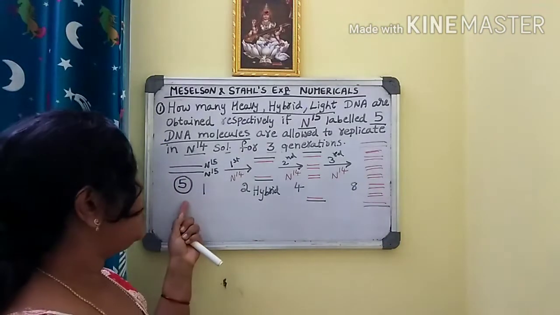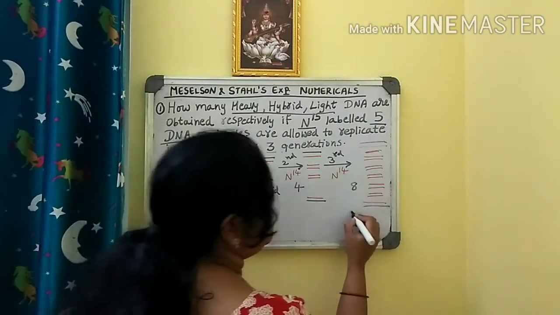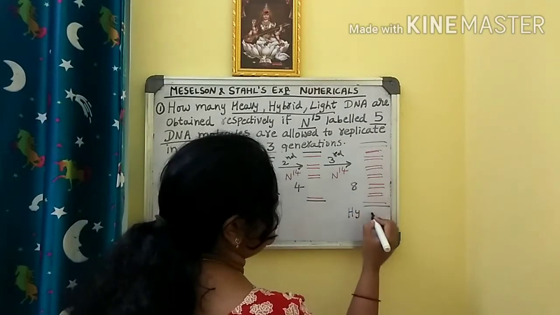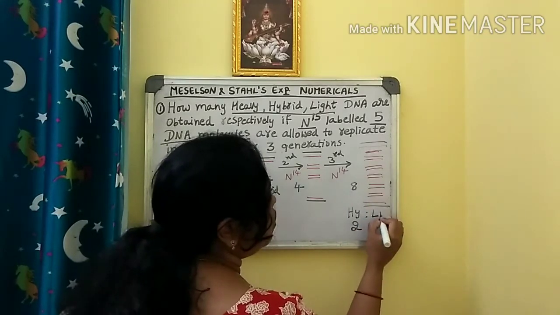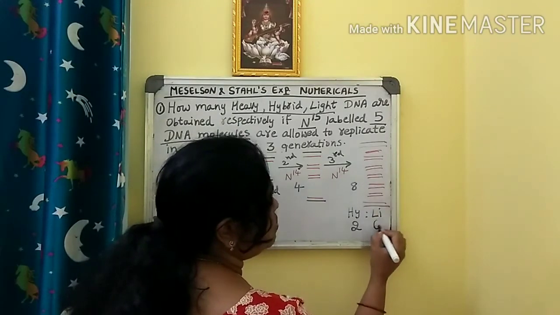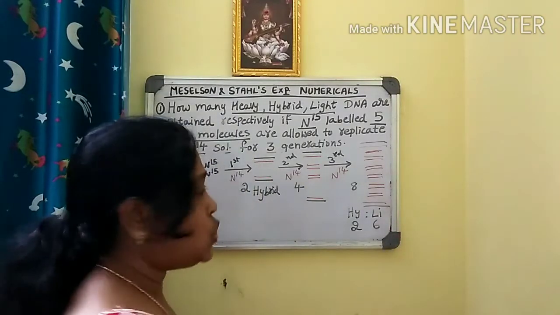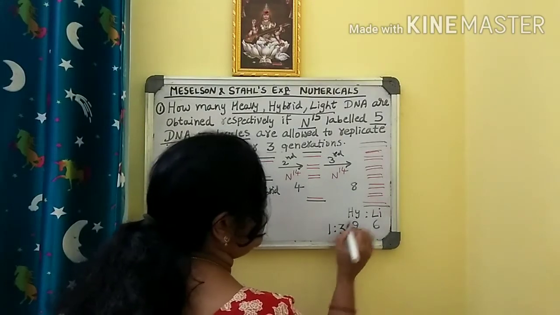But here, if we take one DNA, how many hybrids are formed in the third generation? 2 hybrids. And how many light are formed? 1, 2, 3, 4, 5, 6 are formed. Means what is the ratio here? The ratio is 1:3.